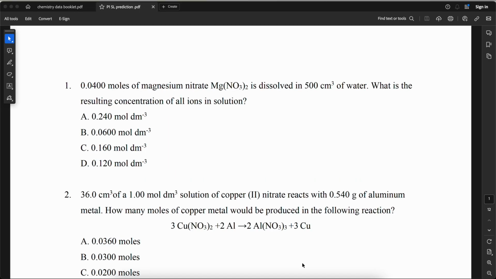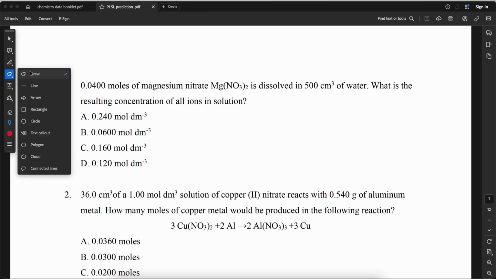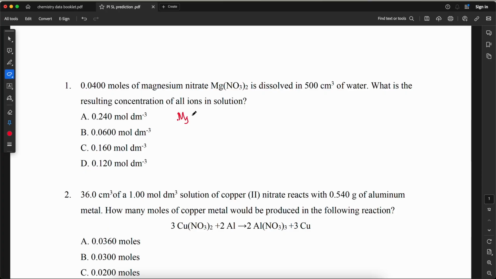0.04 moles of magnesium nitrate is dissolved in 500 centimeter cube of water. What is the resulting concentration of all ions in solution? When Mg(NO3)2 dissociates, it will produce Mg2+ and 2NO3-.